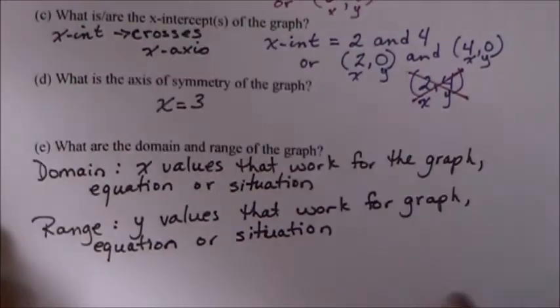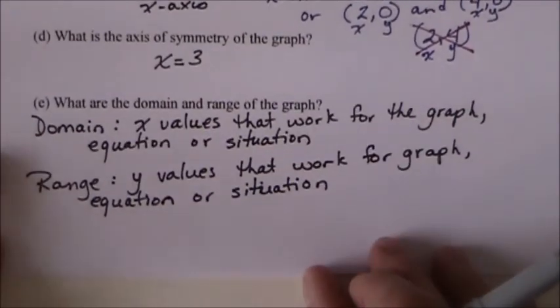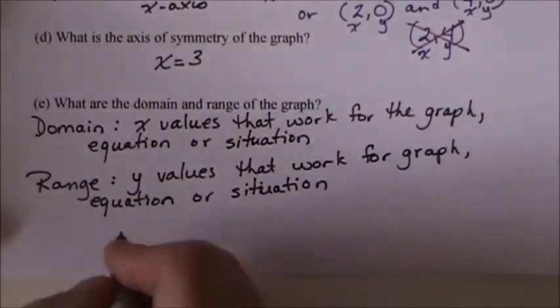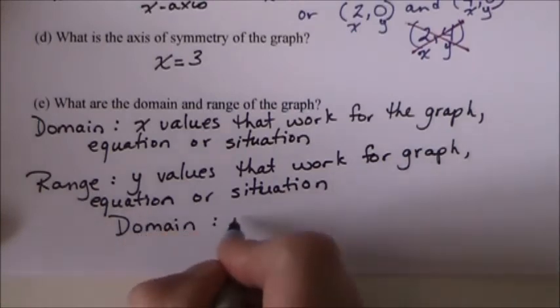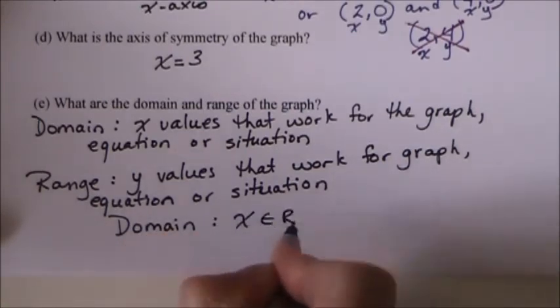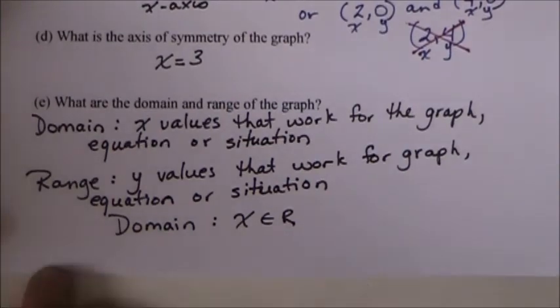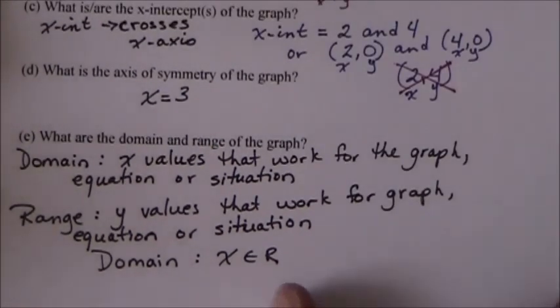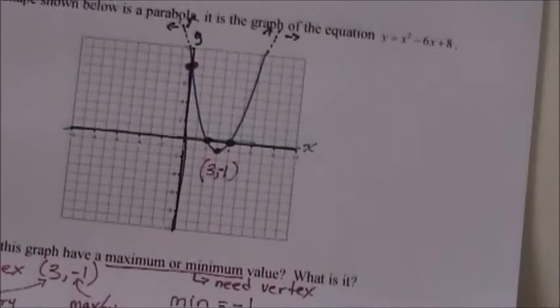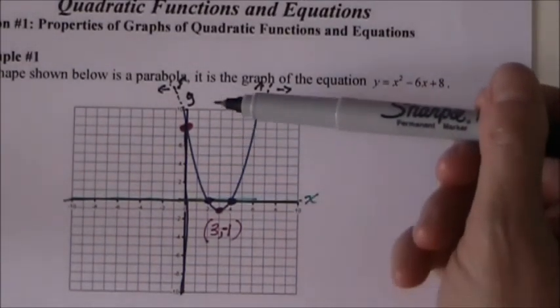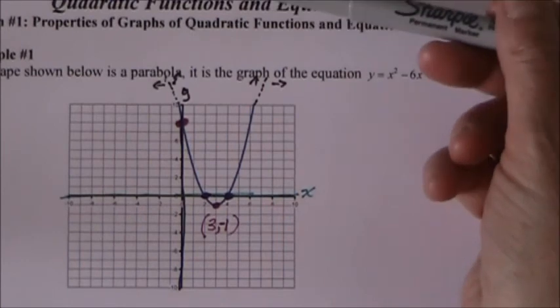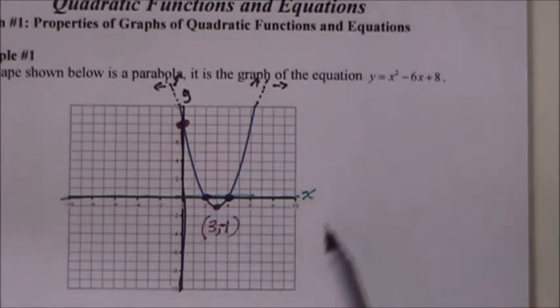So as I go to look at this, I am looking at my domain being x is all real numbers. Now if I go and look at my range, we've already discussed that the graph keeps going up, up, up, up, up, and doesn't stop in the upwards direction, but in the downwards, there's nothing down here.